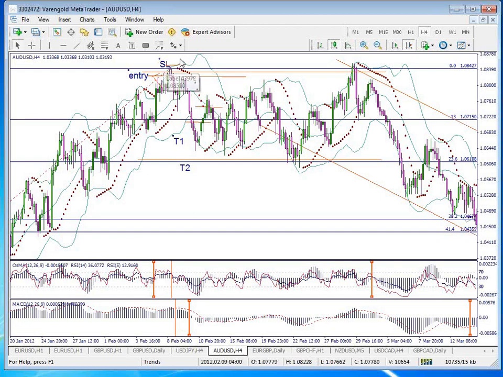If you want to protect part of the wins that you already have, you just put the stop loss with the dot of SAR. Probably in this moment, your stop loss will be into this point.